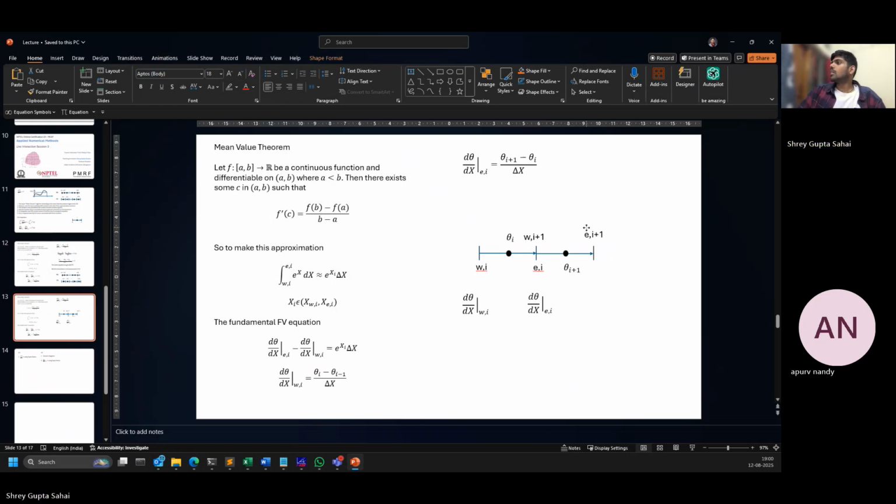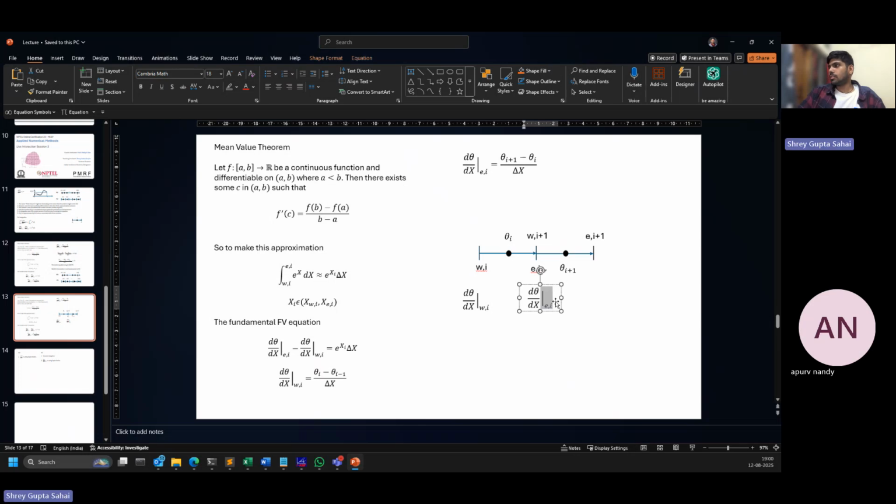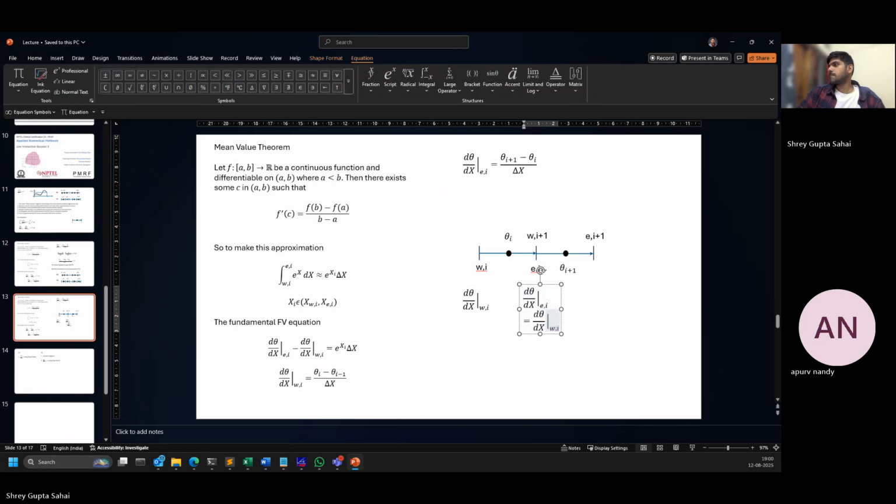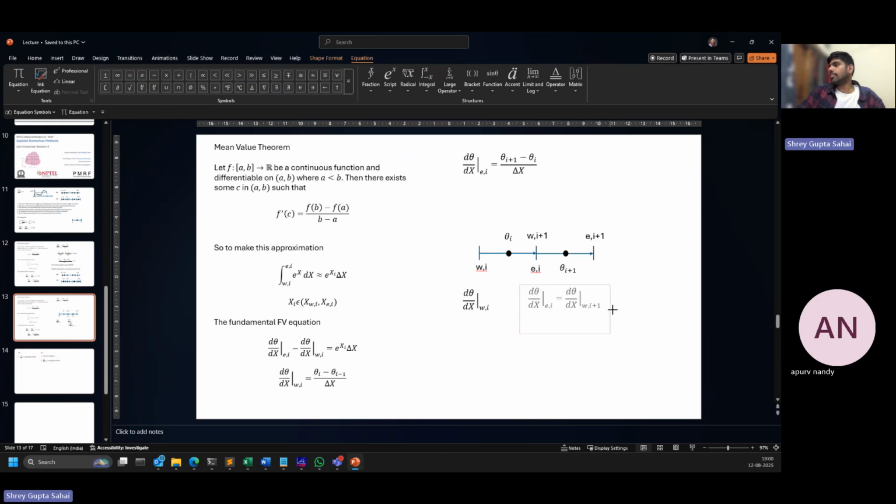Okay. The important thing to note is that while solving the equations for our theta I and theta I plus 1, what we'll ensure is that this one remains equal to this. This is an important criterion in the finite volume method. We ensure this to happen.